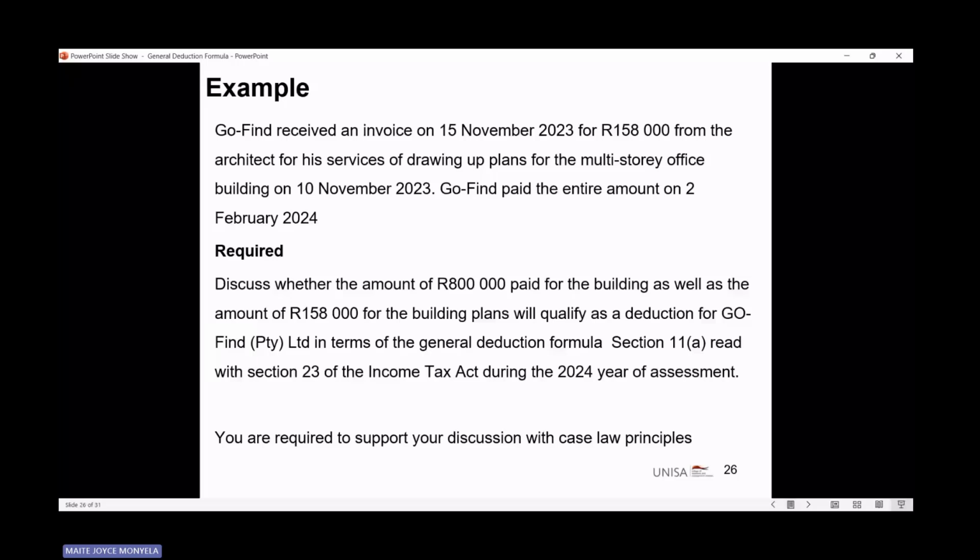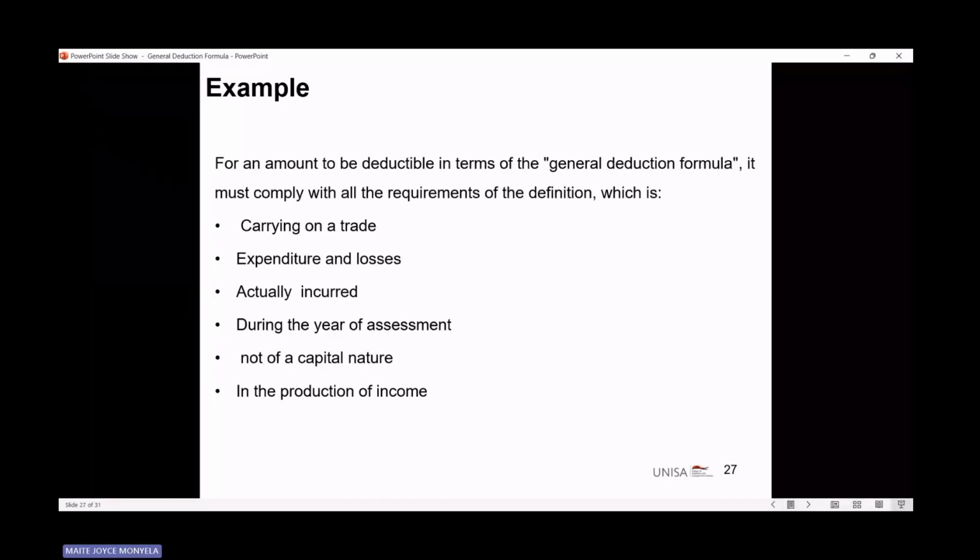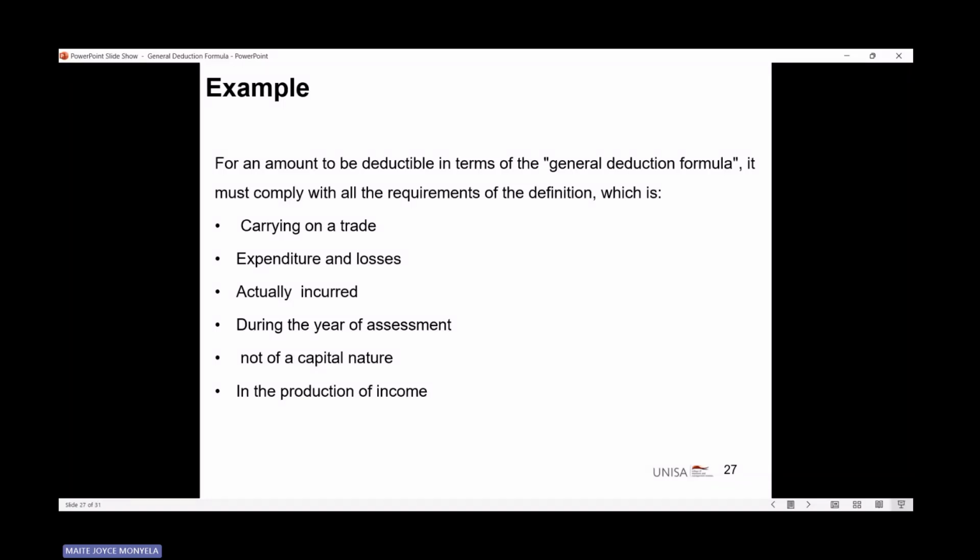So I said for the amount to be deductible, you need to apply the general deduction formula. When you answer this kind of question, you need to go to the general deduction formula requirement that I talked about.